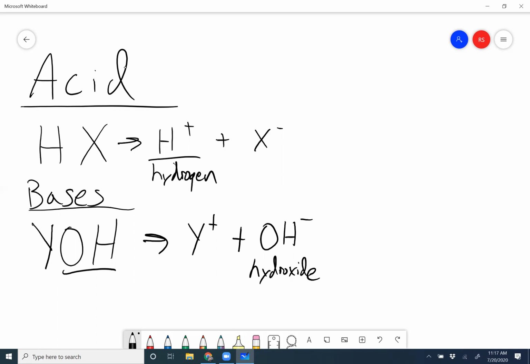But why is it easier to deal with hydrogen ions than hydroxide ions? We use hydrogen ions for all kinds of things in our body. The electron transport chain uses hydrogen ions. The mitochondria uses a hydrogen ion gradient.